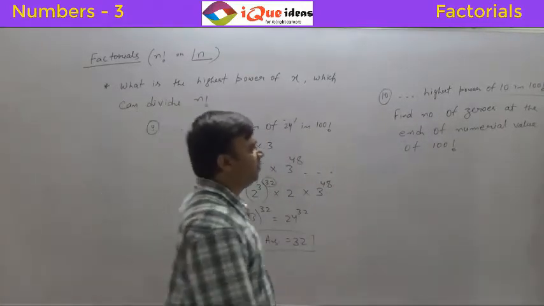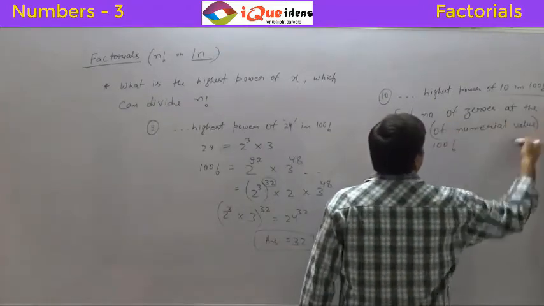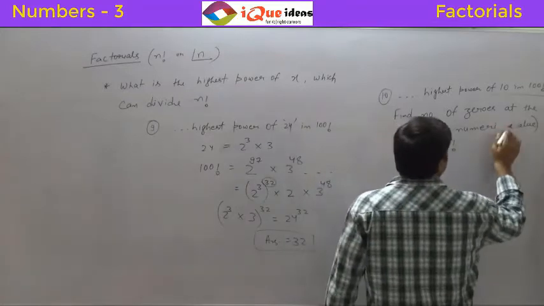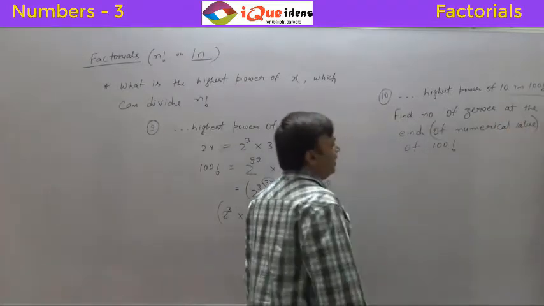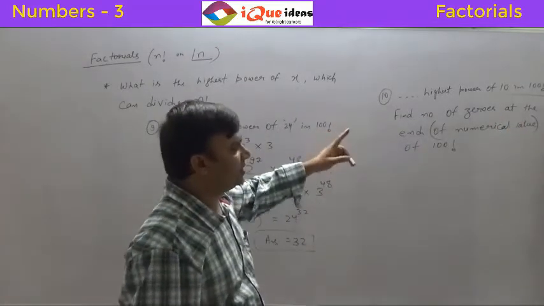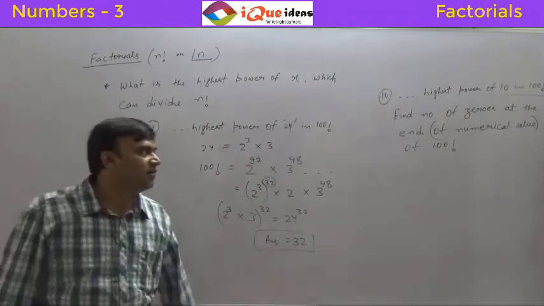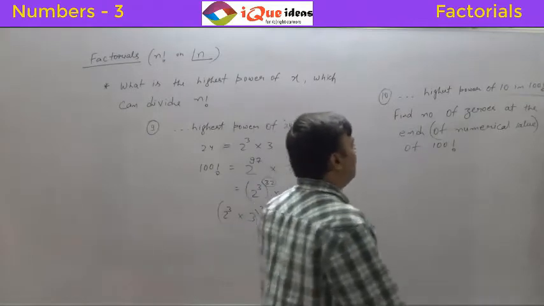In most places it would be simply the end of 100 factorial. These two are the same question: the number of zeros at the end of 100 factorial, or the power of 10 in 100 factorial. Now, how do we calculate this?